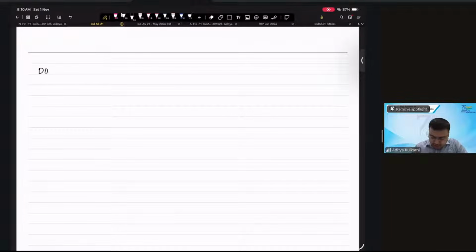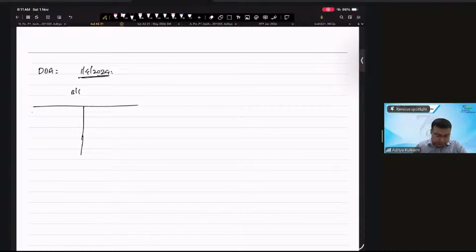Suppose date of acquisition is 1/4/2024. On this date, let us suppose the balance sheet looks something like this. I'm doing a simple balance sheet, my intention is to explain the concept.